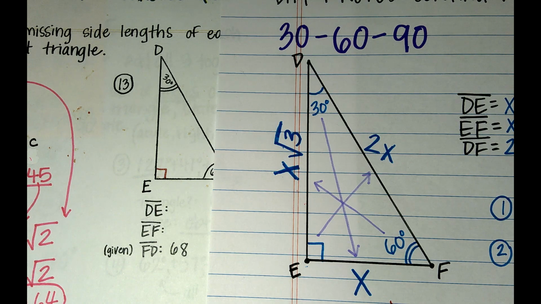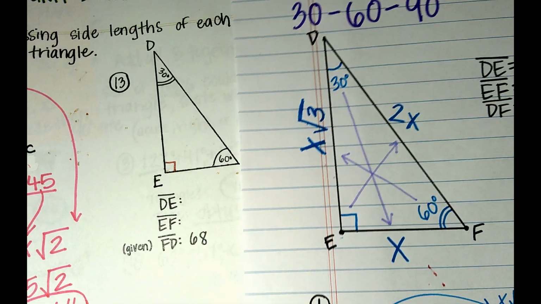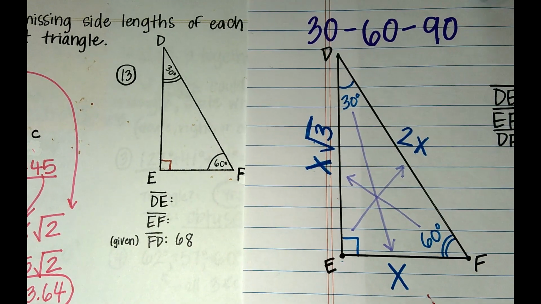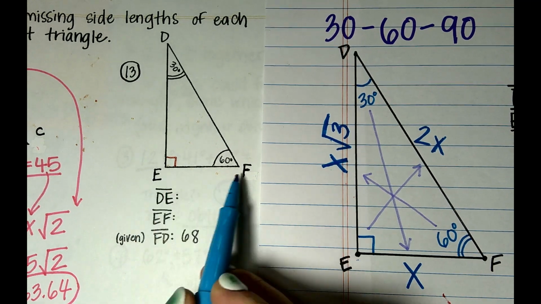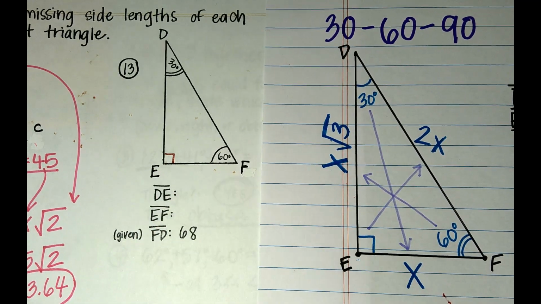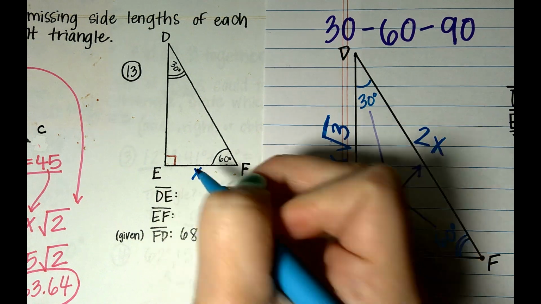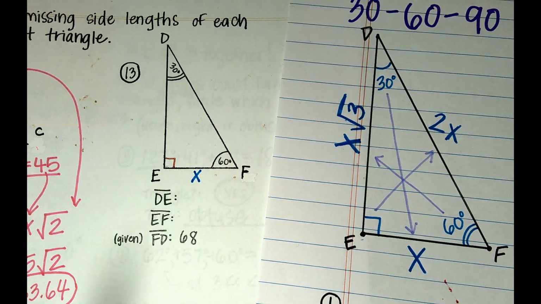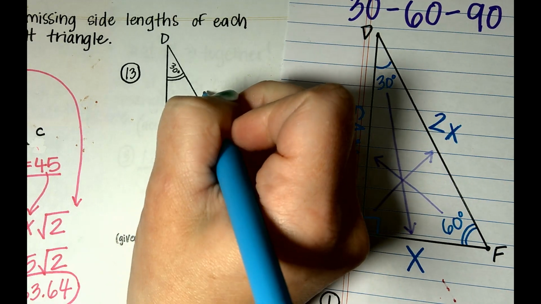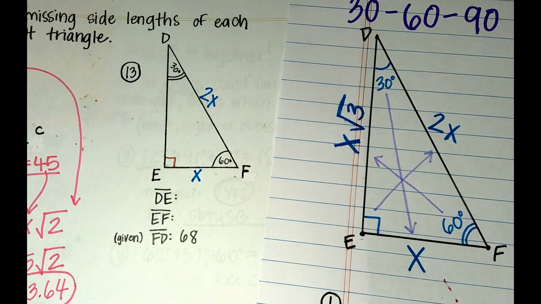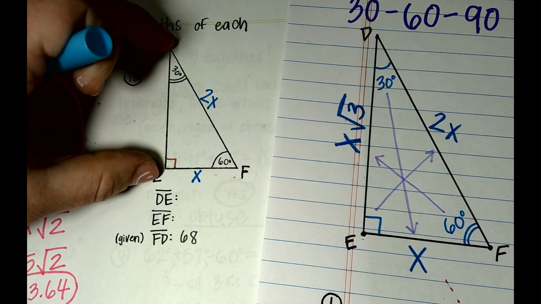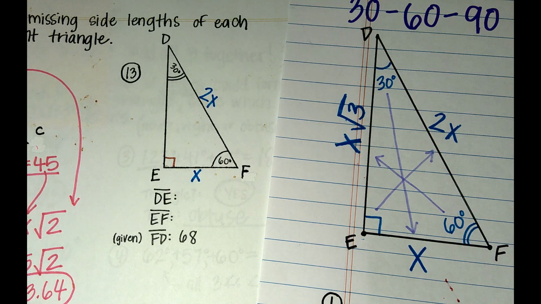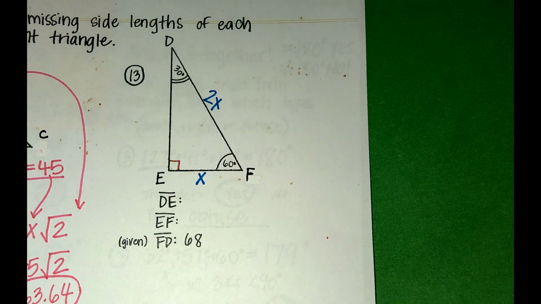Where'd my blue pen go? There it is. Okay, so the bottom shortest side, E to F, that's our X. The longest side, D to F, 2X. And our other side, D to E, that is X radical 3.